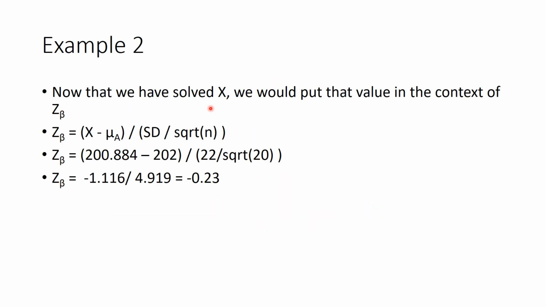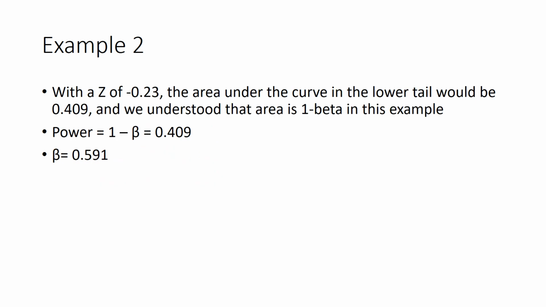Now we solve for z beta. We get a z beta of minus 0.23. When we look at our z table, for z of minus 0.23, the area under the curve in the lower tail would be 0.409. Basically, we are looking at the upper tail. The negative just means it's on the lower tail, not on the upper tail.